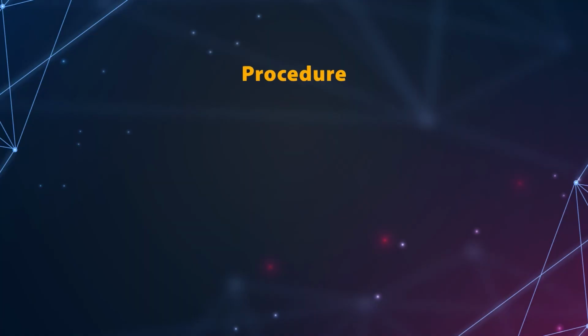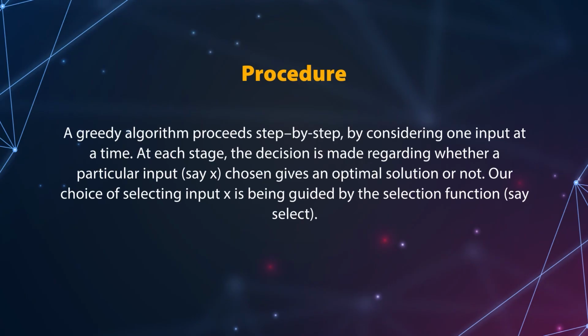Now the step-by-step procedure of any greedy strategy will be very simple. First of all, again the similar thing that we have already discussed, you have to take one input at a time. Suppose you are given 10 inputs. First take one input out of these 10 inputs.